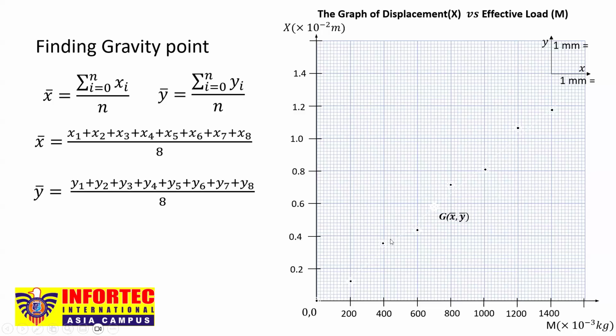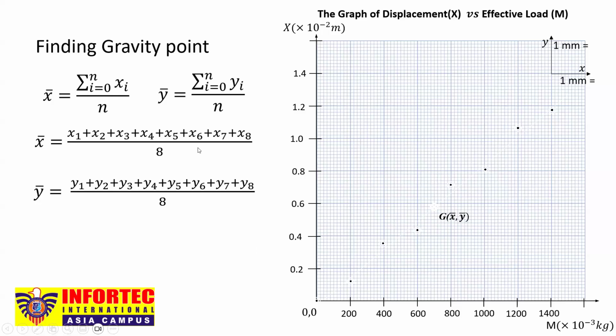Then after that, we mark all the experimental points. Then we have to find the best fit line going through these data points, right? One tip: we find the balance point of the graph. We call this the gravity point. How do we find the gravity point?